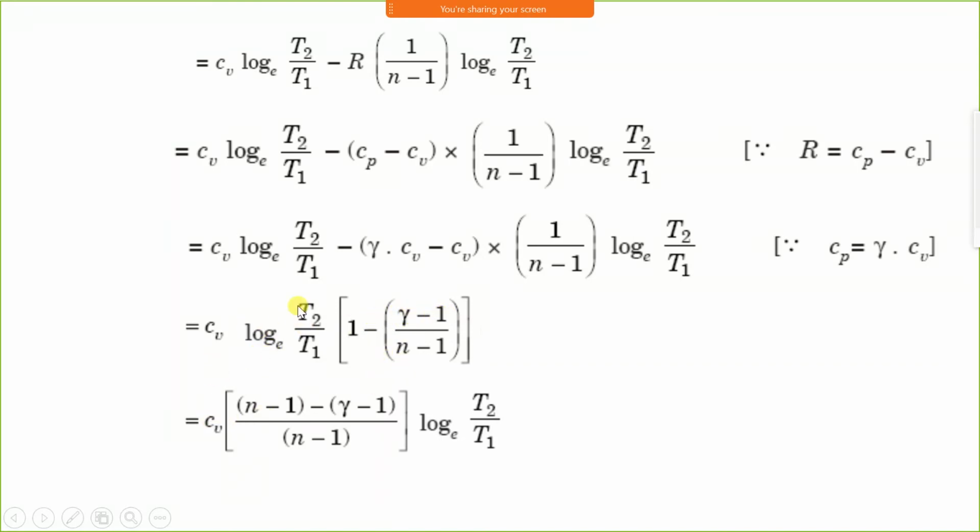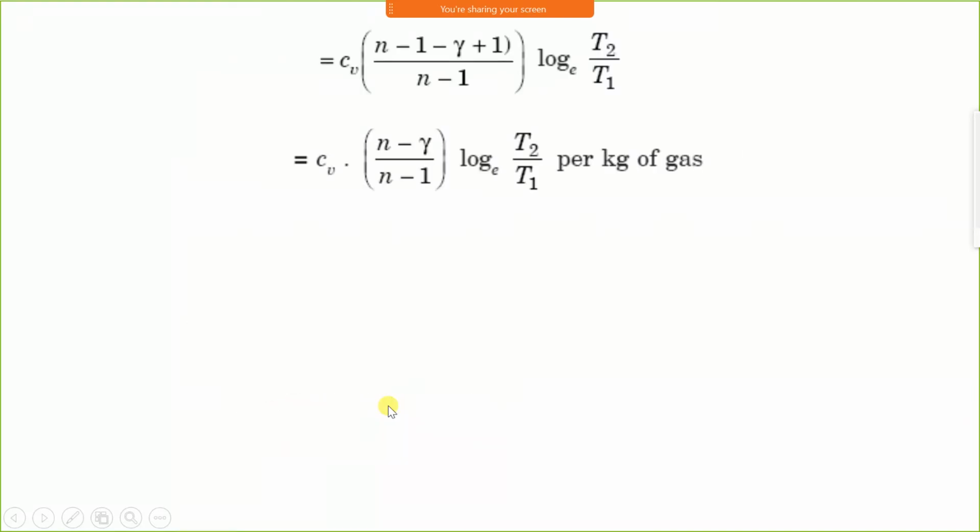We are writing this term on the right hand side, and after this term, Cv is equal to n minus 1 minus gamma minus 1 upon n minus 1 log base e T2 by T1. Now if we simplify it, the minus 1 plus 1 get cancelled. Therefore, Cv is equal to n minus gamma upon n minus 1.